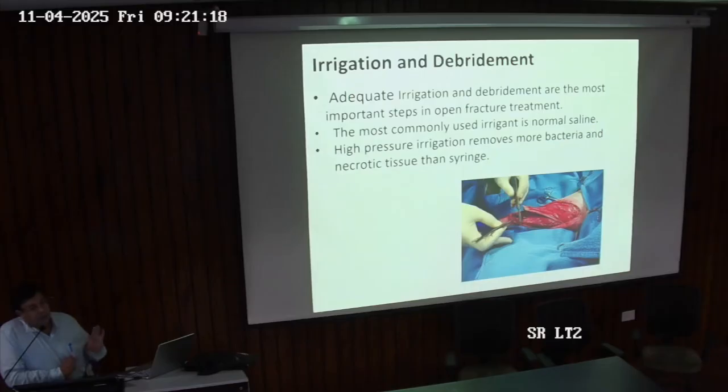The minimum amount of skin is excised till we get the bleeding edge. As far as fat is concerned, fat is removed generously, and fascia and muscles, if viable, are preserved, otherwise excised.